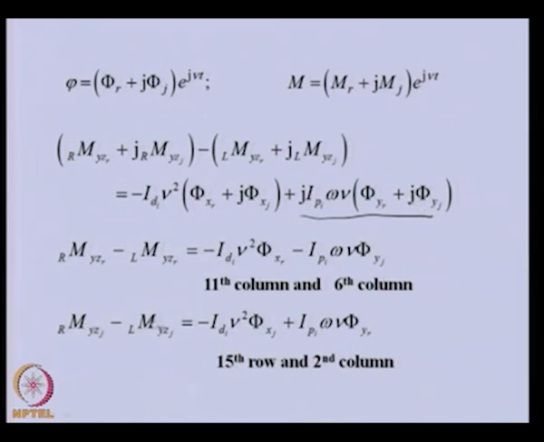Similarly, this is the imaginary part of this equation. Now let us focus on this equation. Basically we have the real part of the bending moment in the yz plane. Let us see where it will be. This is basically rho.